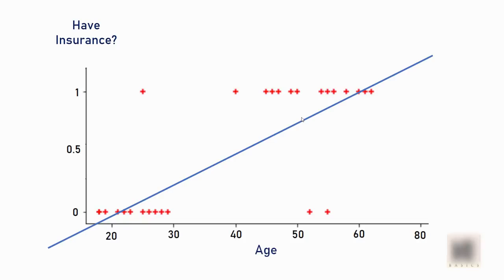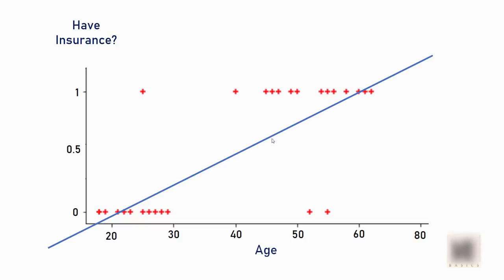Now, how did we come up with this line? For that, you can follow my previous linear regression tutorials. If you think about it, what I can do here is predict the value using the linear equation line and say that if my predicted value is more than 0.5, so here this is 0.5, then I will say, okay, the customer is likely to buy the insurance.